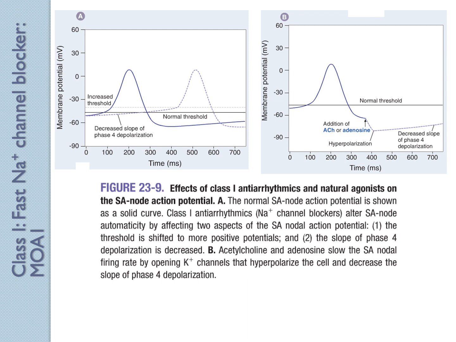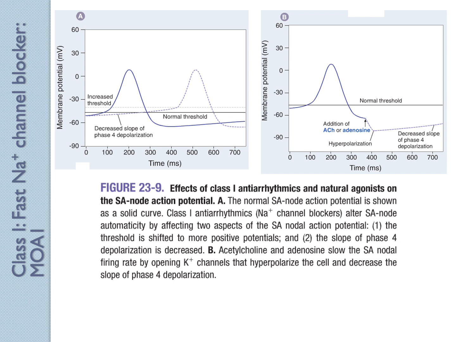This is the normal threshold, and this is the increase. So you can increase the threshold so that it becomes a little bit more difficult to be activated, and it has a decreased slope of depolarization. For some of it, the addition of the drugs can actually cause a little bit of hyperpolarization as well.